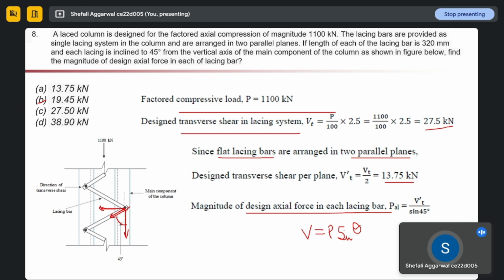Then the shear force is given by P sine theta. So P will be V upon sine theta. Theta is 45, so we can calculate and we will get 19.45 kilonewton. So you are correct. Our axial force will be 19.45 kilonewton.